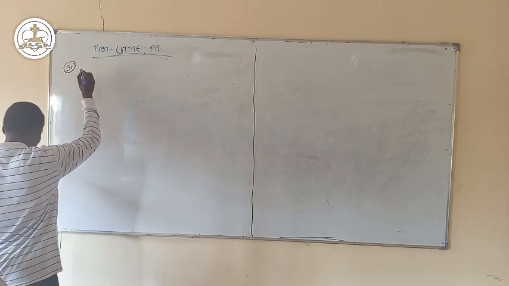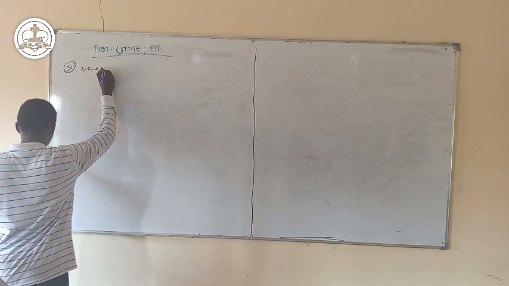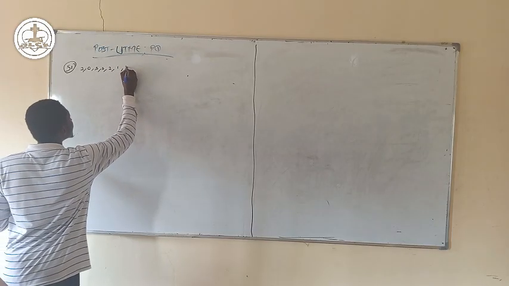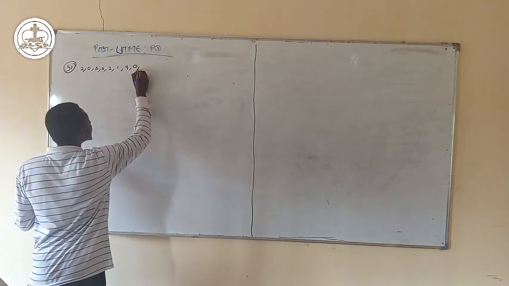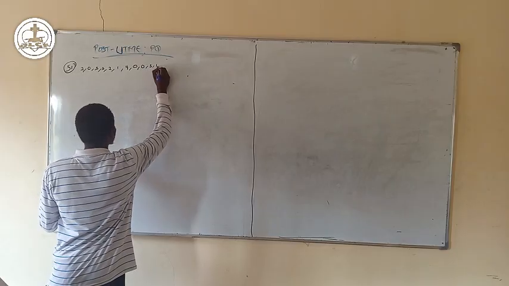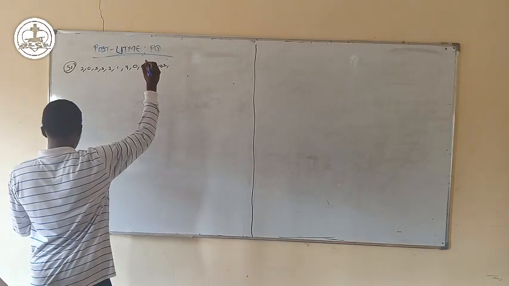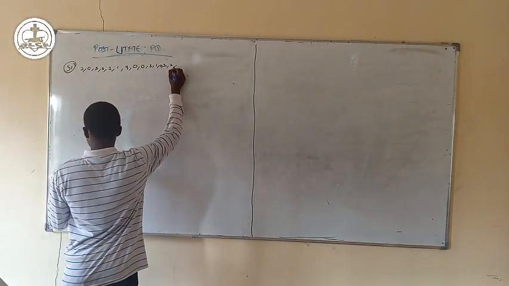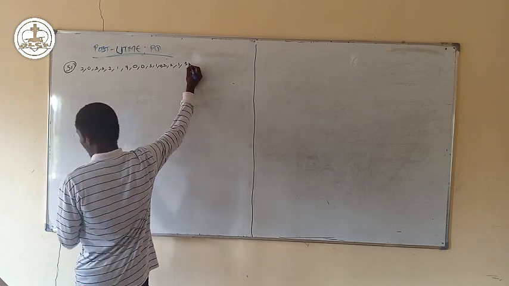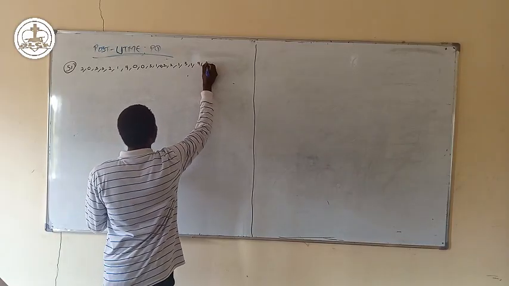Say a club has scored the following goals: 2, 0, 3, 3, 2, 1, 4, 0, 0, 5, 1, 0, 2, 1, then 2 again, 1, 3, 1, 4, and 1.